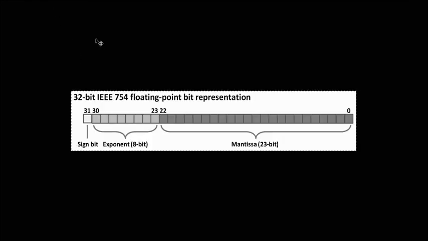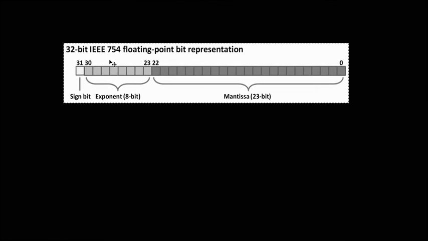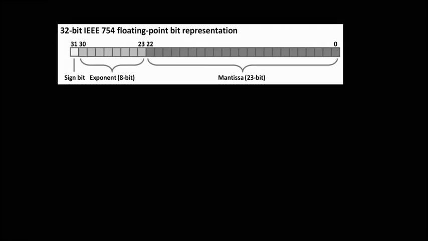So let's have a floating point number. Some random number: 1, 0, 0, 0, 0, 0, 0, 1, 0, 1, 0, 0, 0, 0, 0, and all are zeros here. Now let us convert this number into decimal of base 10.